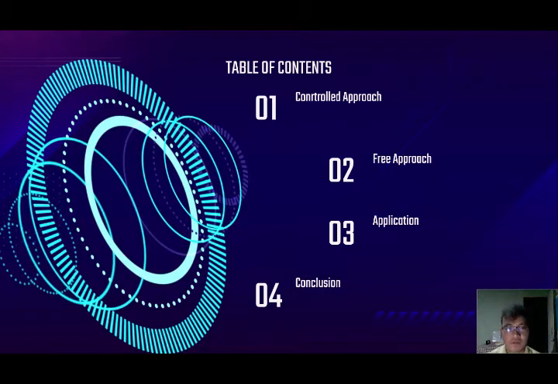The content of this topic will be about the introduction of controlled approach and free approach, then the application of each, and the conclusion as to how these approaches help the delivery of the lessons better. It could be in English or in any other disciplines.